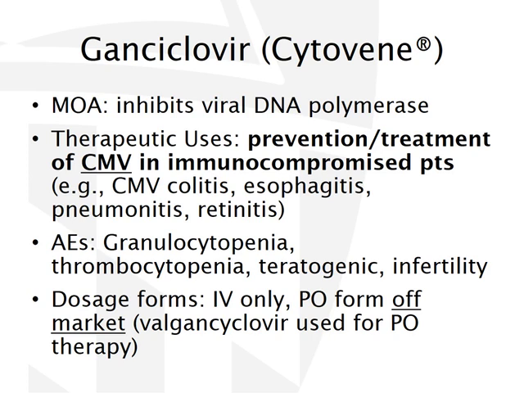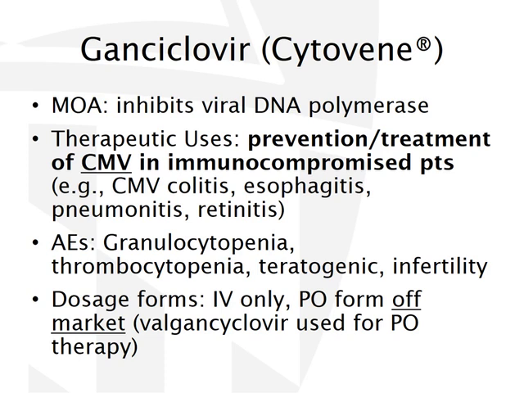So prevention, generally, that would be with oral therapy. Now, there's no oral dosage form of ganciclovir. However, there is another drug that's very similar to ganciclovir called valganciclovir, and that is the form that would be used specifically for prophylaxis, but it could also be used for treatment as well, but it would be the oral form of ganciclovir.